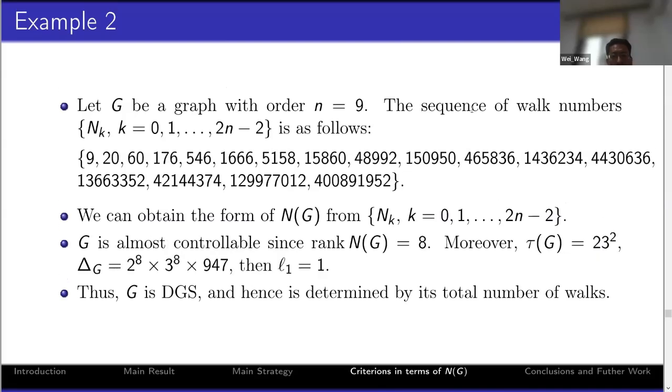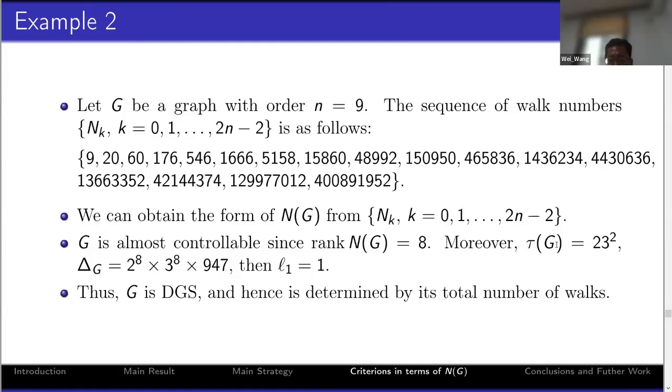Here is another example. Also, it's a graph on 9 vertices, but a different graph. There's a different sequence of walk numbers. Then we can obtain NG, and the rank of NG equals 8. So it's an almost controllable graph.